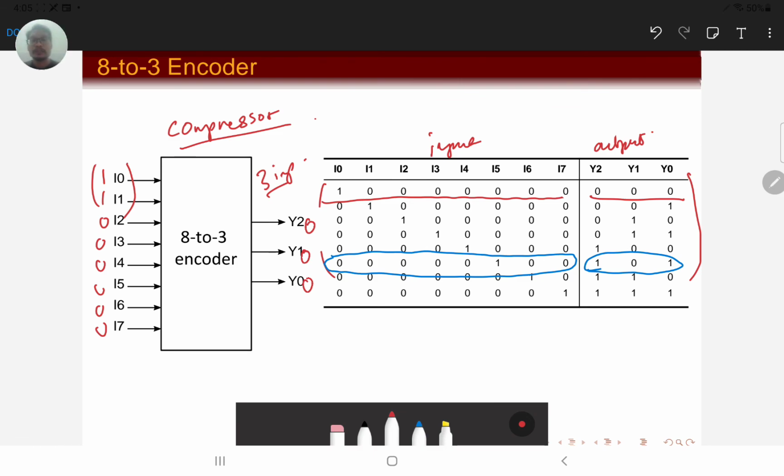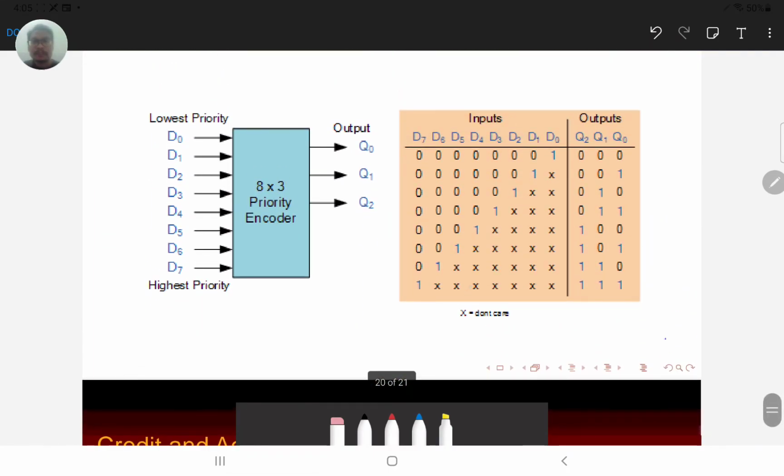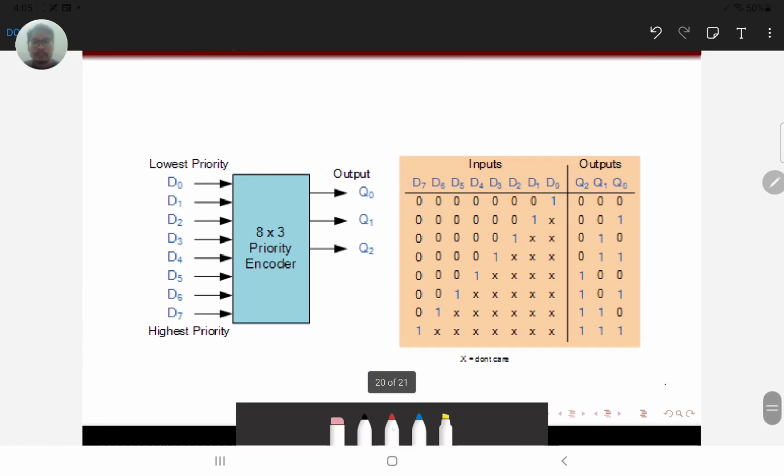This is overcome by the priority encoder, which is the last part here. Now if we supply 1 1, for example 1 1 0 0 0 0 0, it's going to take the highest priority, so here it's going to be 0 0 1.